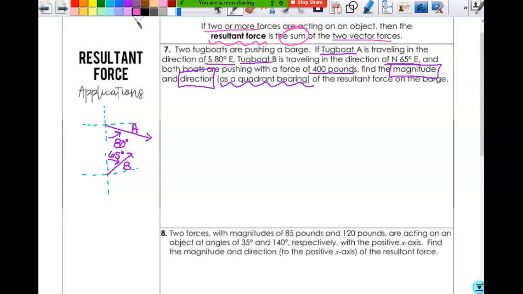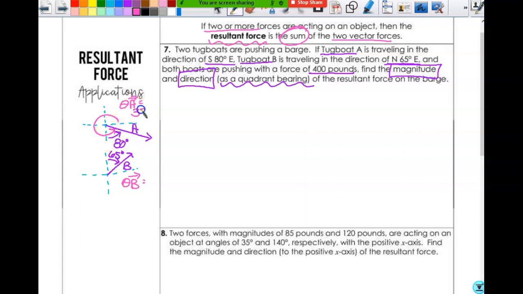So before I can do anything, I have to come up with the thetas for both of these. So I'm going to need my theta for vector A, and I'm going to need my theta for vector B. So for vector A, I would start here at 0, go all the way around to here. That's 270, and then I go another 80.